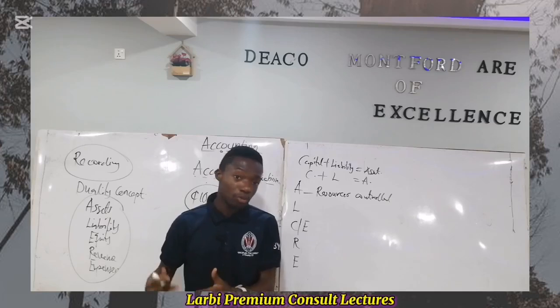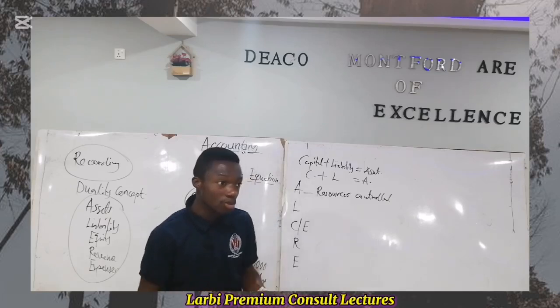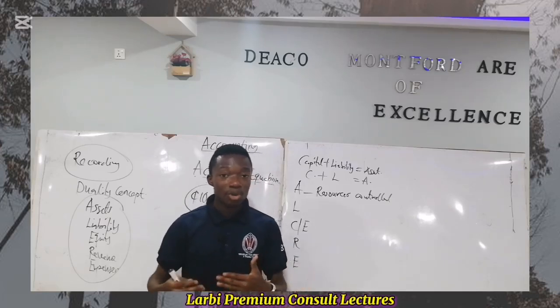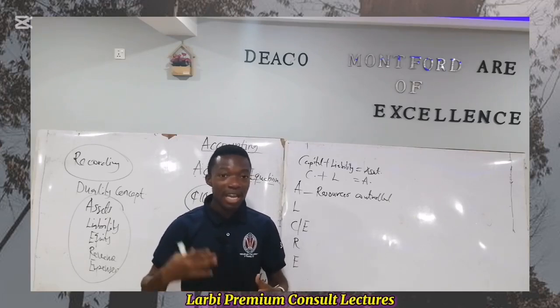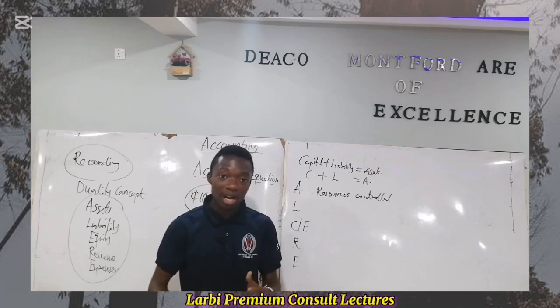That's what we can say when we talk about an asset. They are resources controlled by an entity as a result of past events from which future economic benefits are potential to be received by the entity. That is what an asset is.